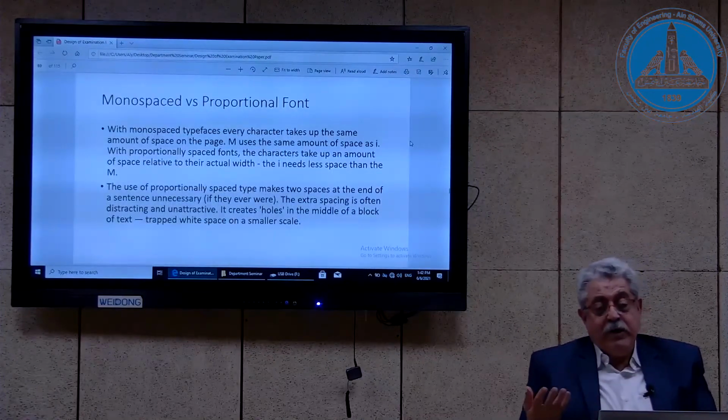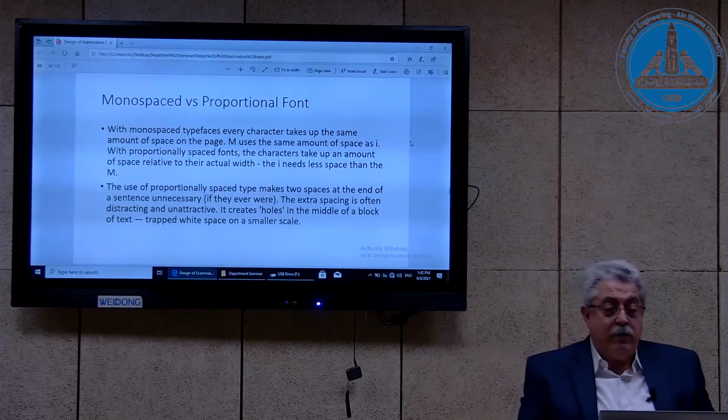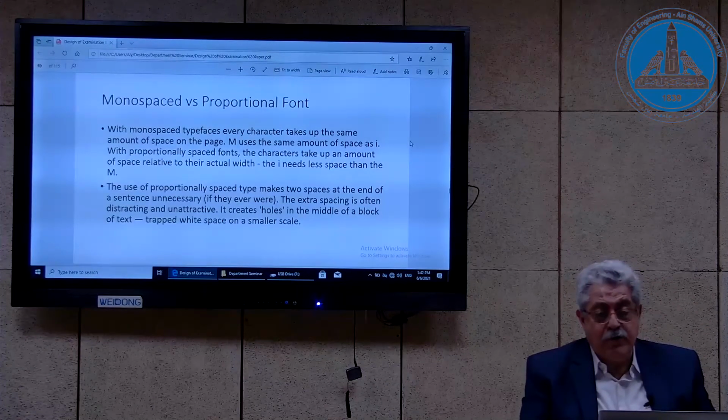We mentioned in the previous slide the words monospaced and proportional fonts. There are two types of fonts. In monospaced, every character takes the same amount of space on the page.